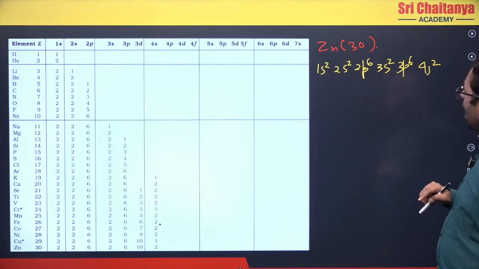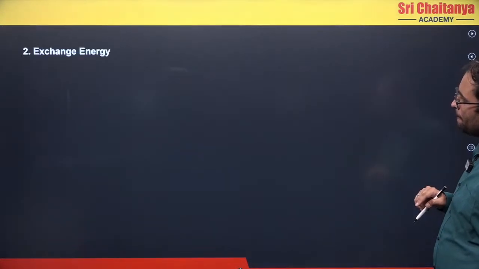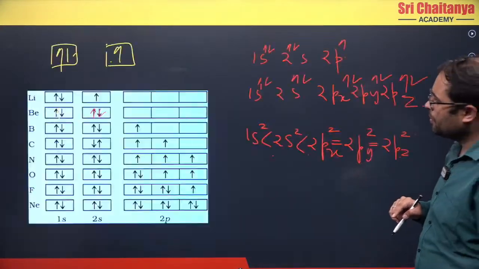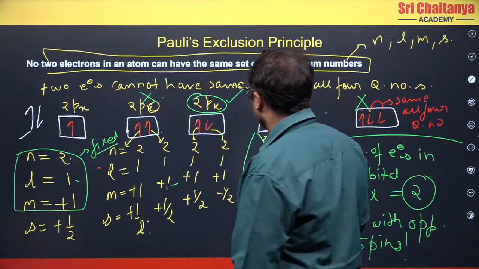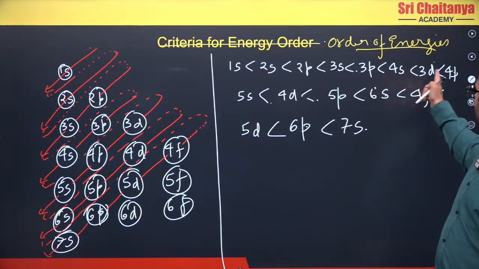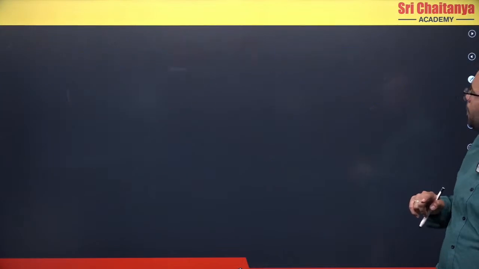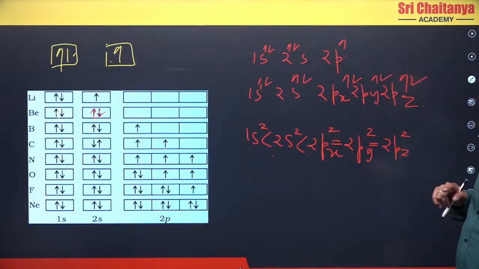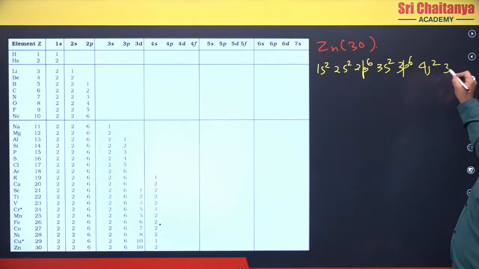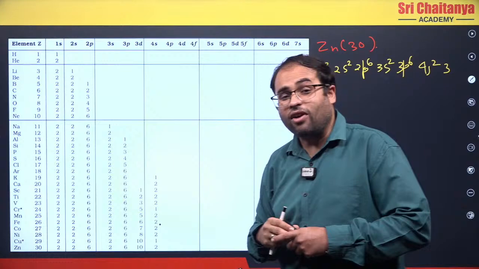Now 20 is over. After 4s2, what will come? If you see the Aufbau principle, yeah, even I have to refer to this. After 4s, 3d and 4p. So now you will have 3d. So the d orbital can have how many electrons?